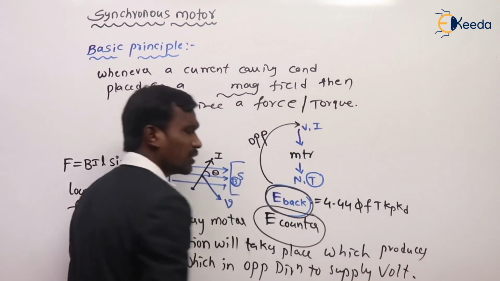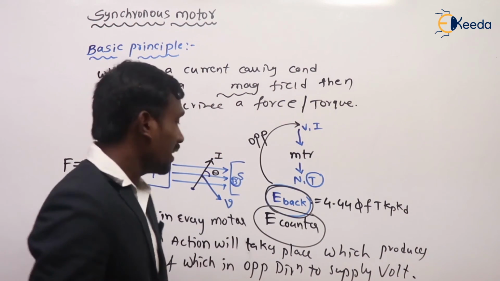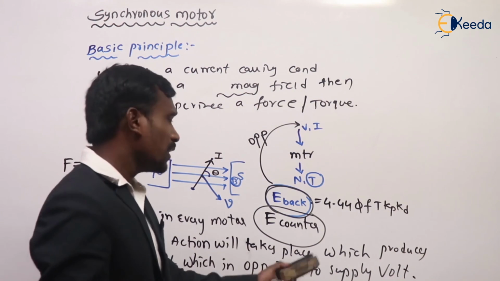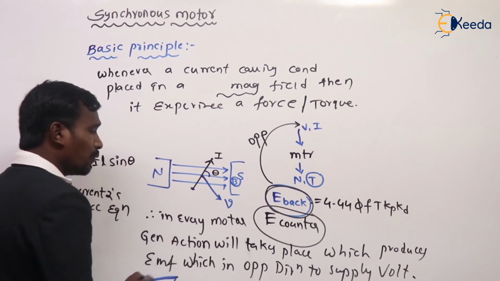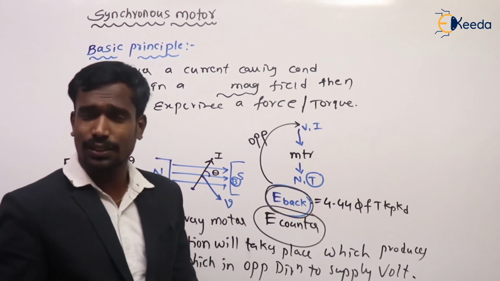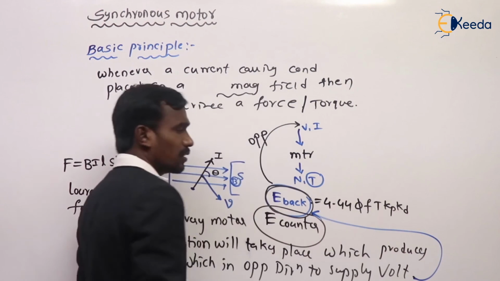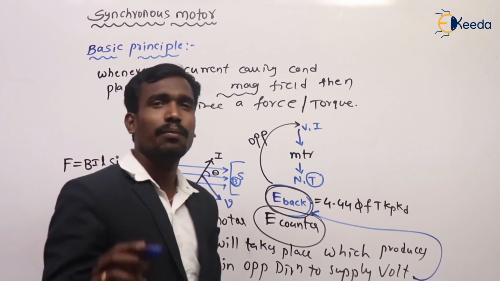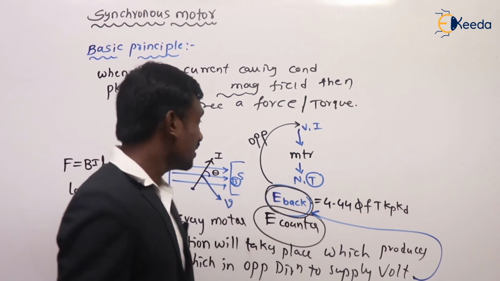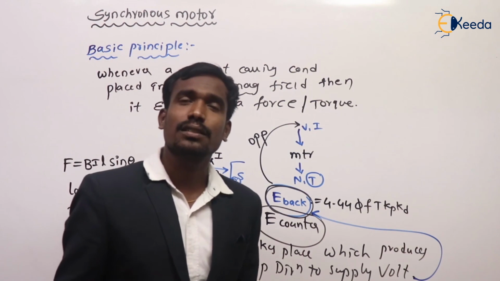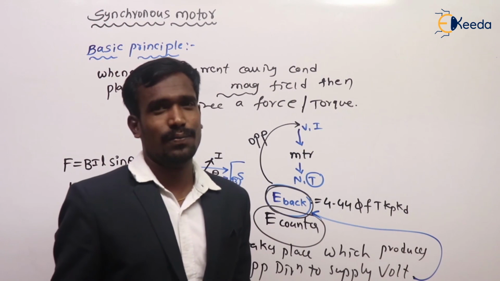This is the statement: in every motor, generator action will take place, which produces EMF, which is in the opposite direction to the supply voltage. That EMF is called counter EMF or back EMF. This is actually the basic principle of my synchronous motor.